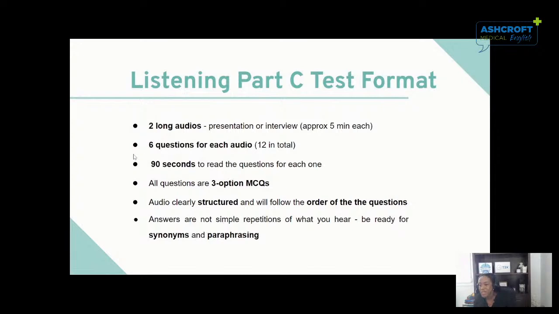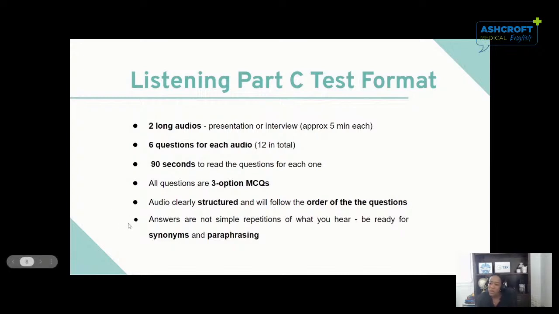In terms of the questions that you'll have, you'll be covering 6 questions, and before you start, you will be given 90 seconds to read the questions and also the options for each of the 2 extracts. All of the questions are 3-option MCQs, and remember, it's not negatively marked, so never leave a question unanswered.